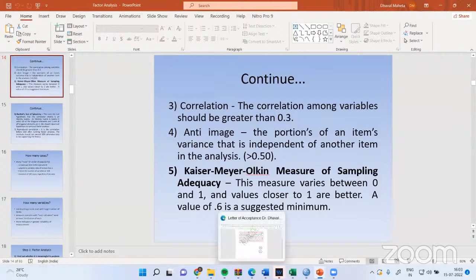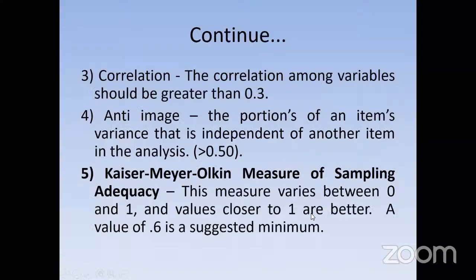Please write down on one page, this one. The KMO measure is a measure of sampling adequacy. Is your sample adequate for factor analysis or not? The measure varies between 0 and 1. Values closer to 1 are better. A value of 0.6 is a suggested minimum. Anything above 0.6 is good.